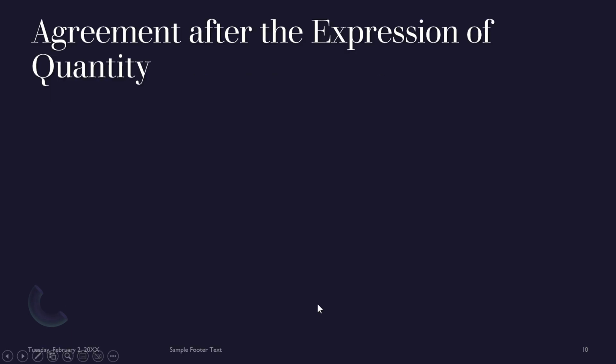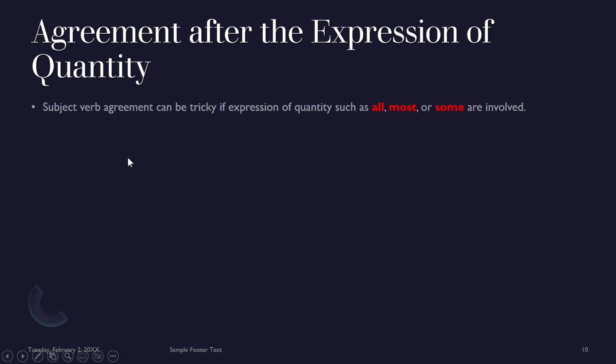Okay, now let's move on to discuss agreement after the expressions of quantity. Subject-verb agreement can be tricky if expressions of quantity such as all, most, or some are involved. If you see all, most, or some in a sentence, then you have to decide whether the noun is plural or singular.